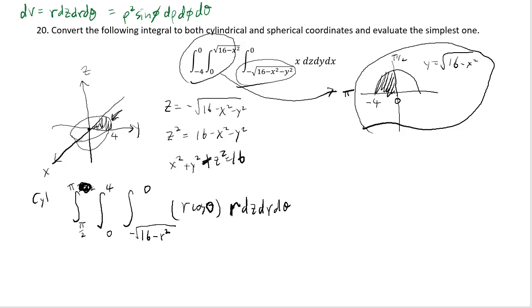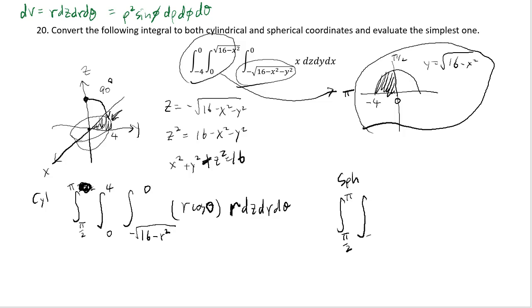Now let's go to spherical. Now in spherical, at least d theta is the same thing, so you don't have to worry about it. Just copy it from the cylindrical. But now you have to think about what to put for phi and rho. Okay, so phi is the angle from the North Pole. So if you start from the North Pole and you try to go down until you hit this region, you see that this angle is 90 degrees. Okay.